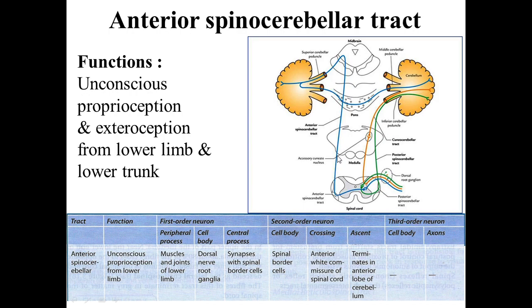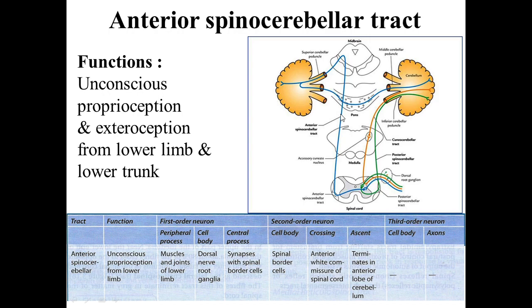Then they pass through the medulla, ascend through the pons, then the midbrain, and from the midbrain these fibers enter into the cerebellum via the superior cerebellar peduncle. This is the superior cerebellar peduncle. The cerebellum is connected to the brainstem by three peduncles: the superior cerebellar peduncle, middle cerebellar peduncle, and inferior cerebellar peduncle.